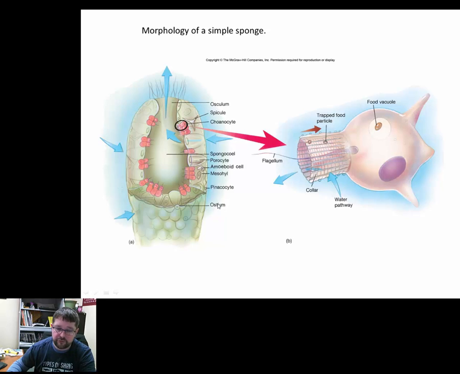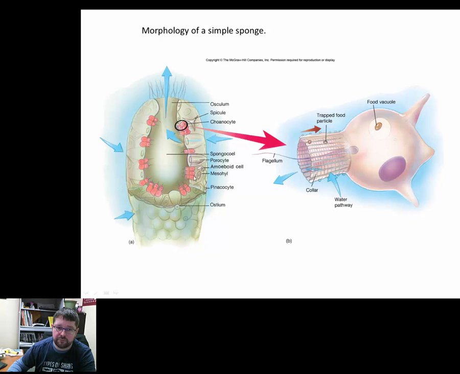The ostia, or ostium, are the pores that enter into this cavity from the side walls of the organism. That's where your porocytes would be, which would allow for that material to come in. The pinacocytes are going to control that opening typically.